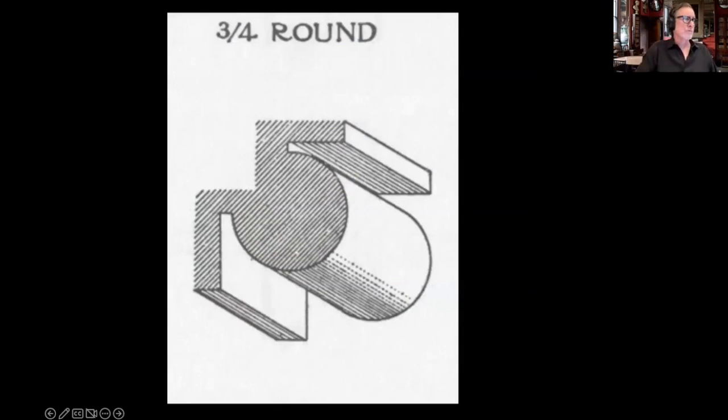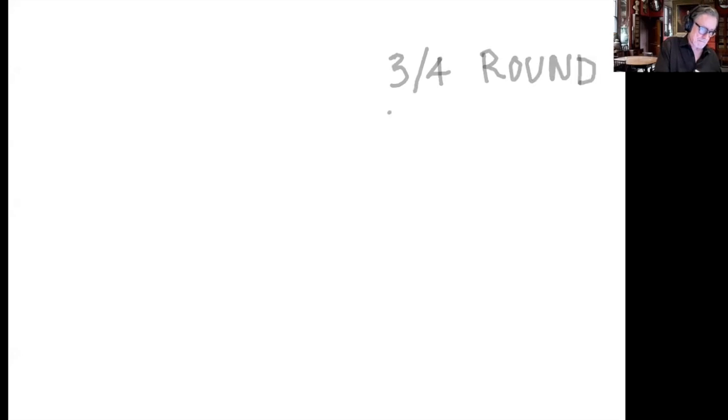Next is the 3/4 round. So let's draw that one together. I wish I had a fancy name for it, but we really don't. We just call it the 3/4 round. And by now I think you've kind of seen how this works.